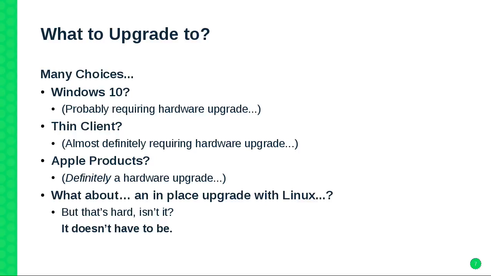Now when I say an in-place upgrade, that's putting Linux on top of Windows, getting rid of Windows altogether, and just replacing it wholesale. That's fine to do in a small business because you can walk around with a CD or a USB stick and do the installation.